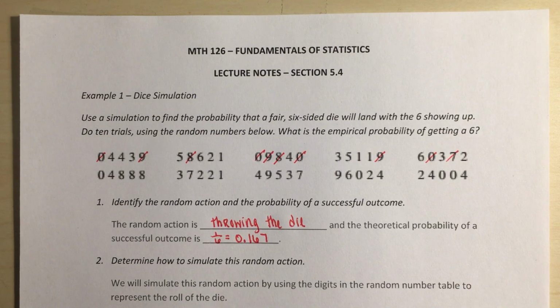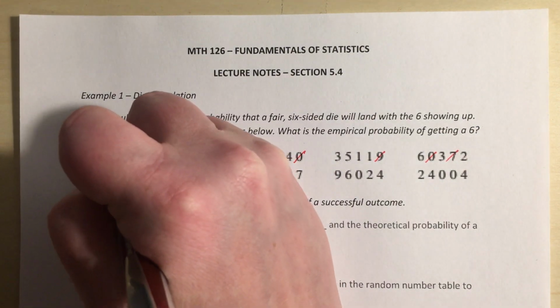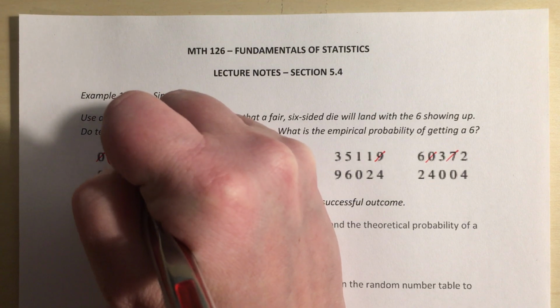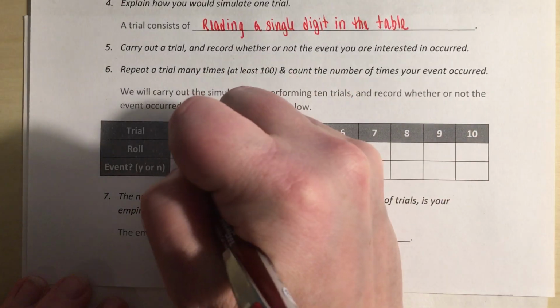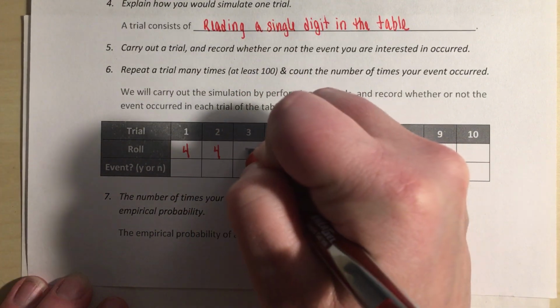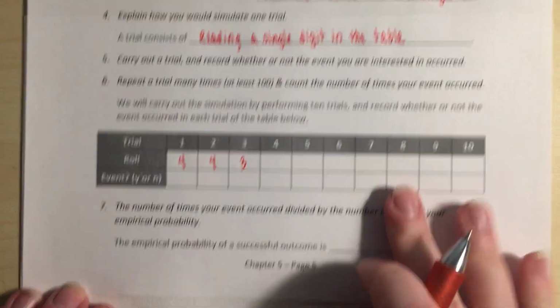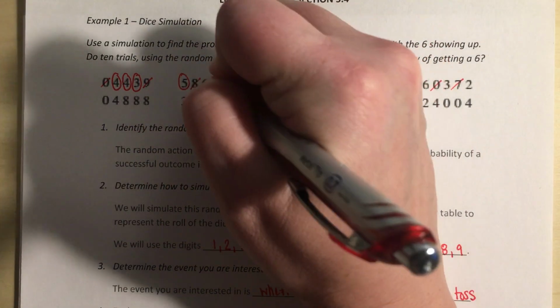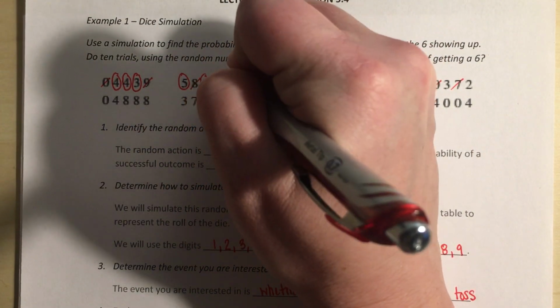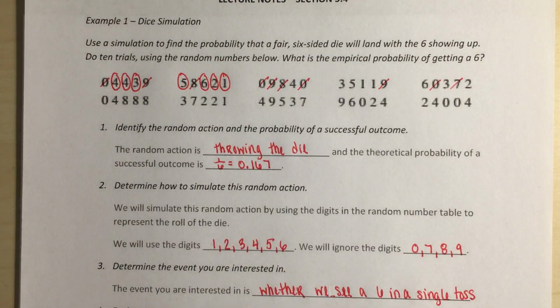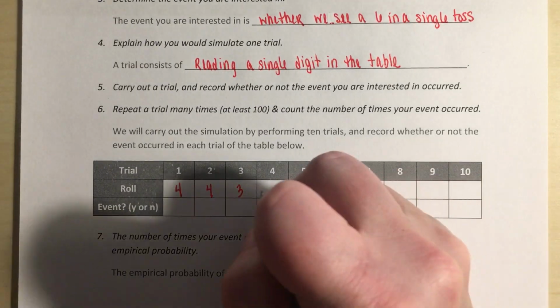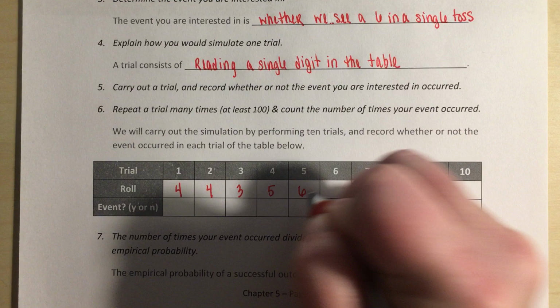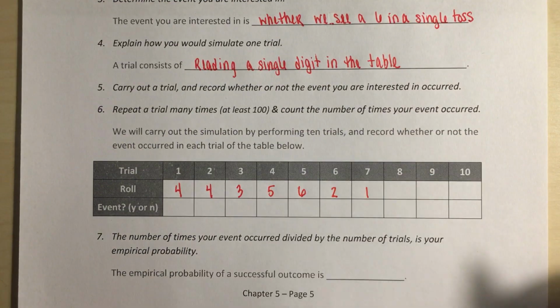Okay, so the numbers that we are going to use for our rolls. We're going to have 4, 4, and 3. So I'm going to go down to the bottom and put 4, 4, and 3. Then we're going to come back up top here. We're going to have 5, 6, 2, and 1 from that next group. So 5, 6, 2, and 1.